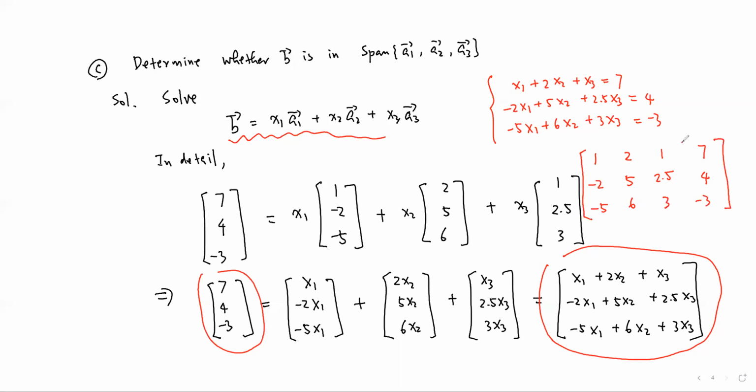Then separate the last column. The last column is the right-hand side. The first 3 columns is the coefficient matrix, the matrix of coefficients of the linear system.